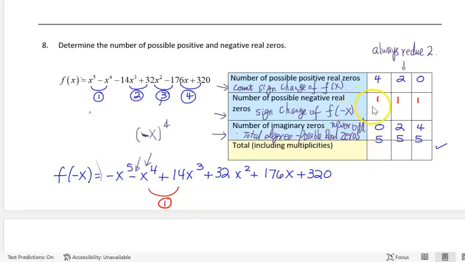Okay, and this one is just 1, 1, 1 because there is only one change. Then in this case we have a degree of 5, with 2 real and 1 negative real. Subtracting gives me 2 imaginary.